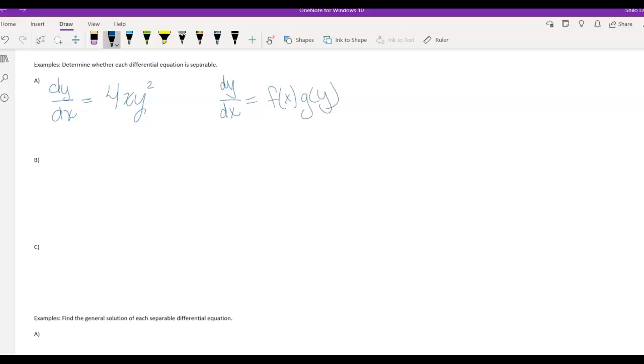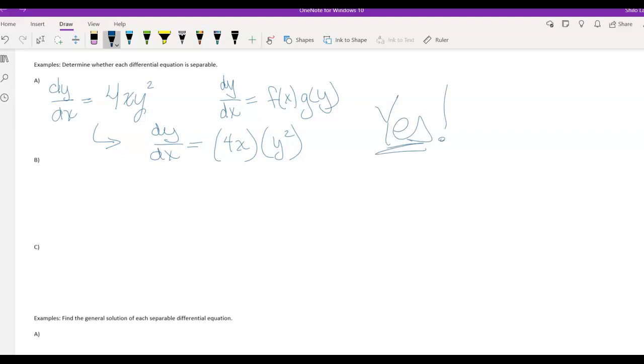We just want to know if this is possible. It is possible to write our differential equation as some function with only x's times another function with only y's. And I just insert the parentheses so it's very obvious what our two pieces are. So this one is a definite yes.